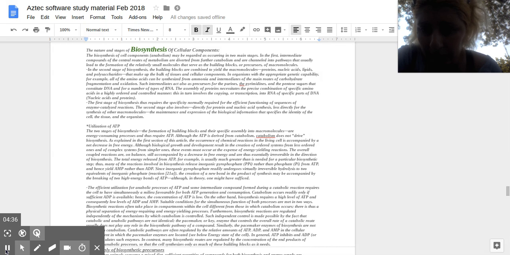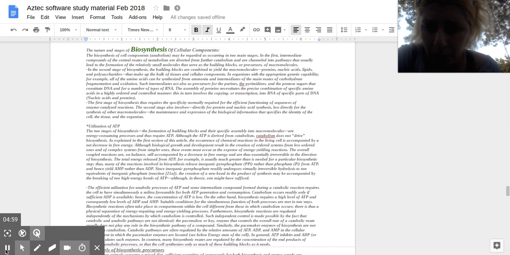Such intermediates act also as precursors for the purines, the pyrimidines, and the pentose sugars that constitute the DNA, and for a number of types of RNA, which are all called nucleic acids, a group.